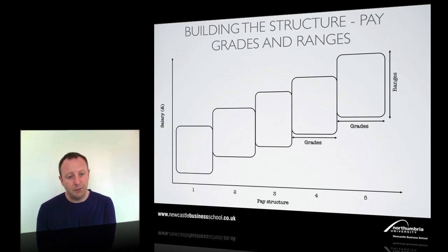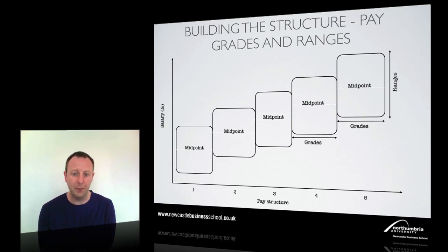Now, the relation of this essentially internal structure to the external environment that we've been talking about up to this point is determined by its relationship to the pay policy line. And effectively, we can imagine these various elements of the pay structure, these grade boxes, hanging at their midpoint on our pay policy line of choice. Now, we might have a single pay policy line like this, and it might be steeper or shallower, depending on the information that we've taken from the environment and the analysis that we've applied to it.